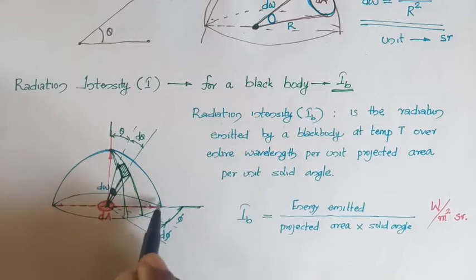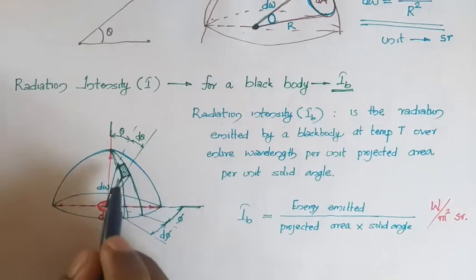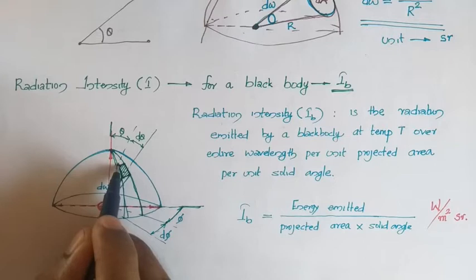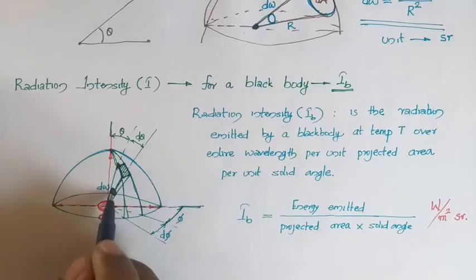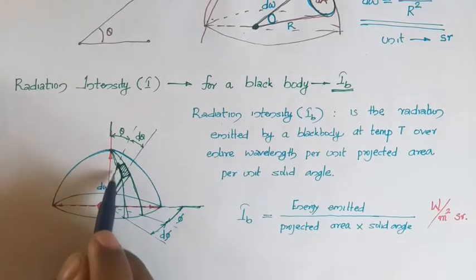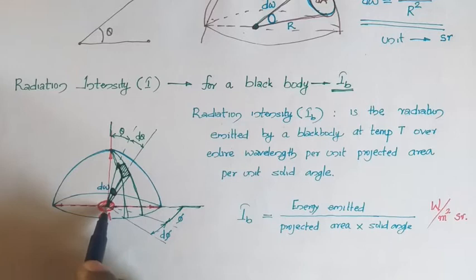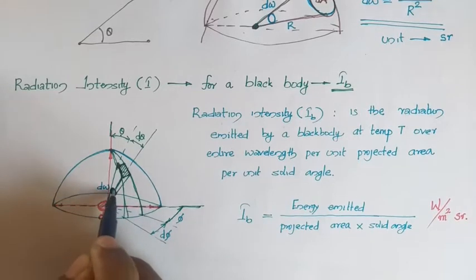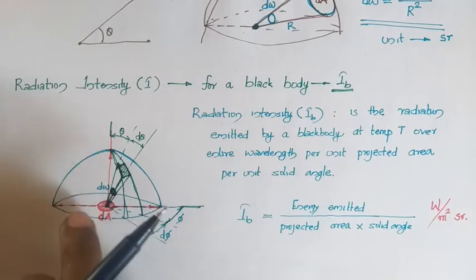At any time it will be intercepted by a hemisphere, and this green area is representing part of this hemisphere. So you can construct or consider a solid angle made by this area as a part of the hemisphere, forming a cone at the center, which is the same as the center of the hemisphere. So you can find the solid angle, and I will be representing it by d omega here.